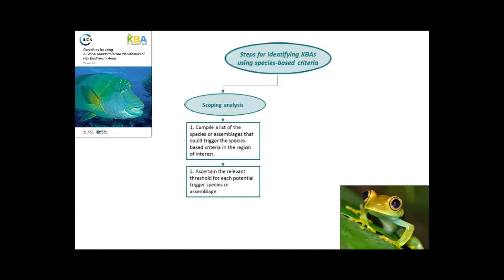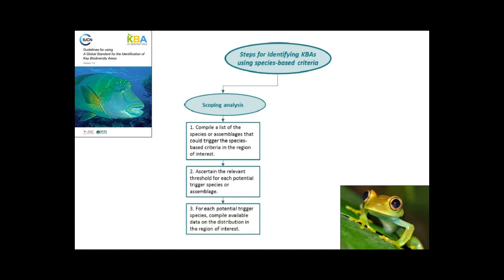So the next step, once we've got our list of potential trigger species, is to ascertain the relevant thresholds for those species. And those thresholds are provided in the KBA standard, but the guidelines provide additional information on frequently asked questions, such as what is meant by effectively the entire global population size. So that is part of the threshold for A1E, for example.